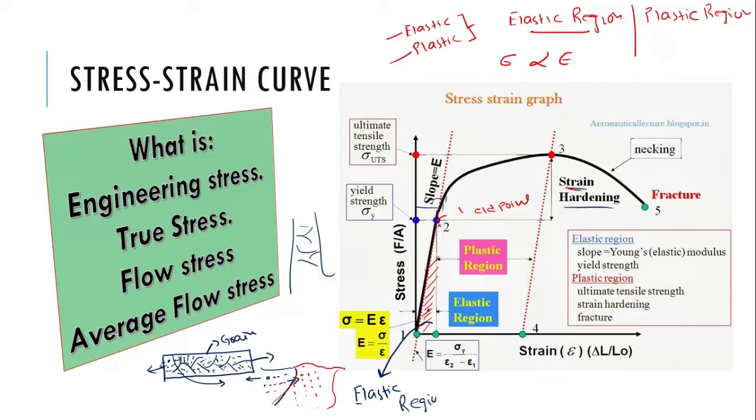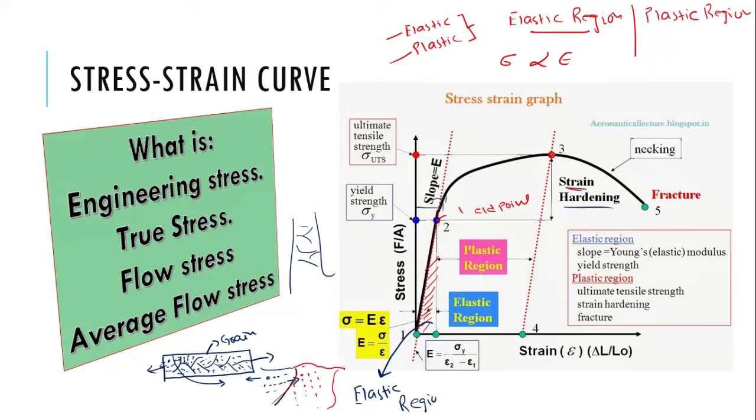So once the material enters the plastic region and the deformation starts, the atoms will slide over each other and ultimately they will reach the grain boundaries. In the other grains, the atoms are arranged in some other order, and this provides resistance to the sliding of atoms. So strain hardening occurs. That's why we see a sharp increase in the stress required to produce the strain. But this occurs only up to a certain point, which is known as the ultimate tensile strength.